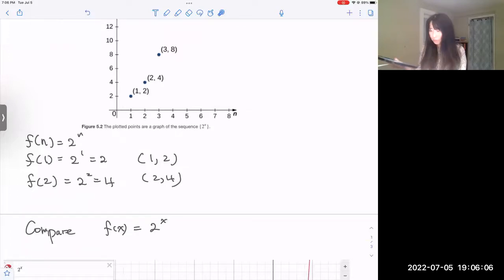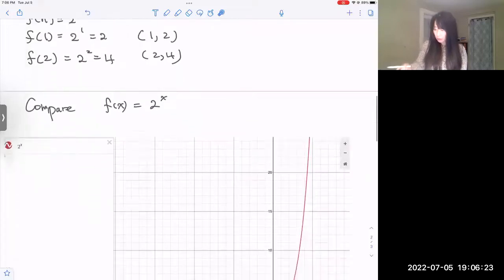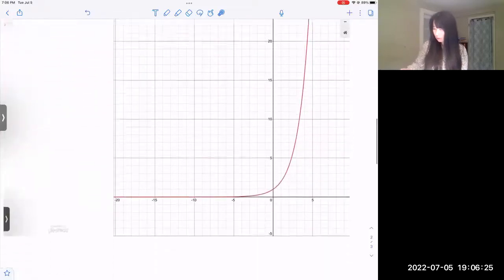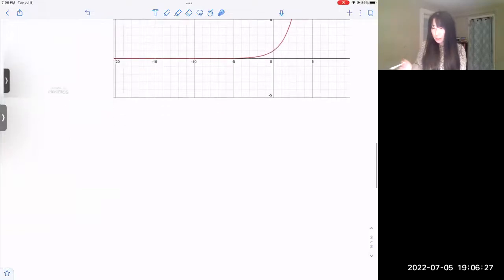All right, now in sequences, we have two types of sequence. One is an arithmetic sequence, one is a geometric sequence. The geometric sequence we talk about in later sections. So here are the two types. Arithmetic sequence.